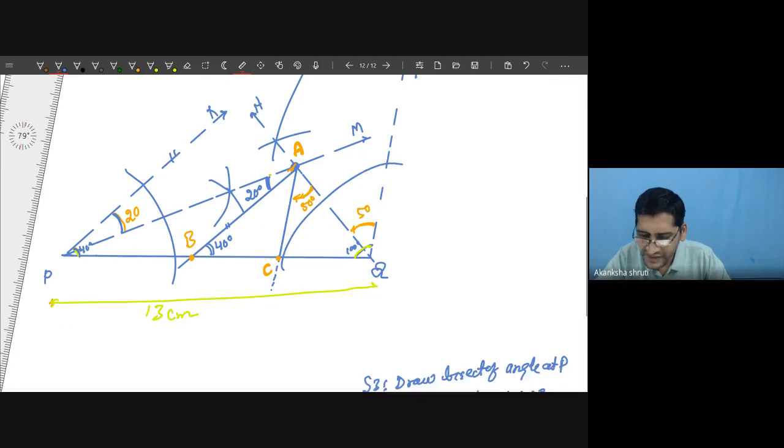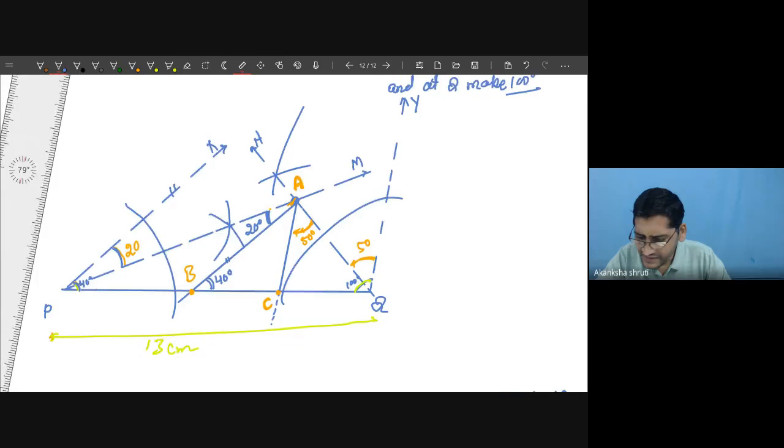Therefore, this QY will be parallel to AC. Now at Q the angle is 100 degree, so the angle C will also be 100 degree.